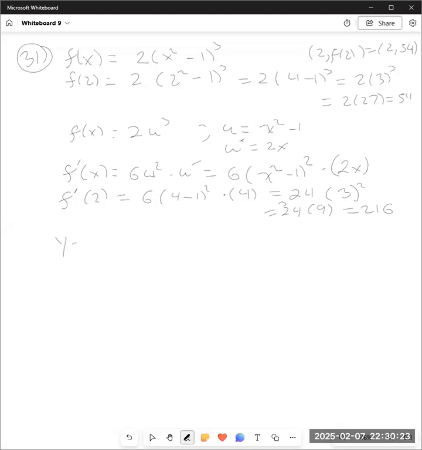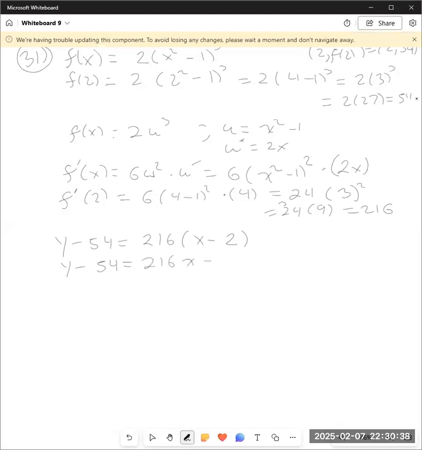So y minus y1 is equal to m times (x minus x1). y minus 54 equals 216x minus 432.